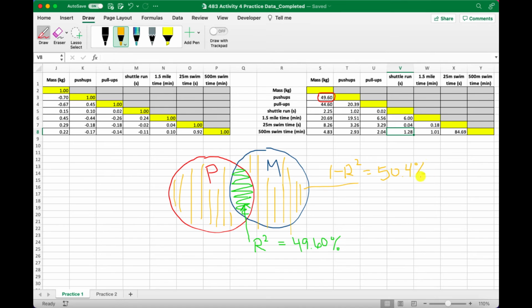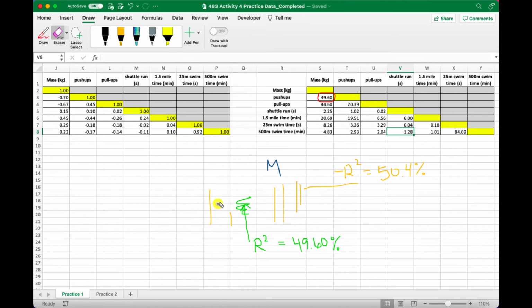So this, or coefficient of non-determination, would represent the probability that the results we have gotten are due to error or chance, right? So in other words, 50.4%, let's say, of the variability we see in our push-up values is explained by its relationship with some other variable or some degree of error. Okay.